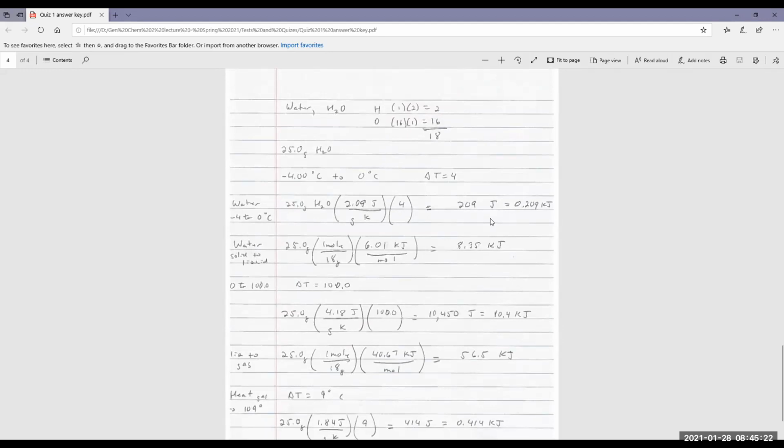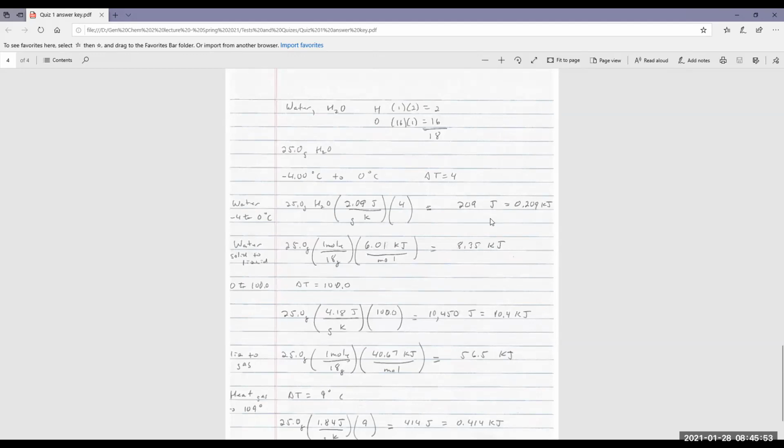So, okay, here's the math of it. Once again, all this stuff is posted on Canvas, so if you want to take a look at it later when you have a little more time, you can. One of the first things I did was calculate the molecular weight of water. Have 2 hydrogens, so that's 2, 1 oxygen, that's 16, for a total of 18. Then I did my first calculation for that transition from -4 to 0 degrees.